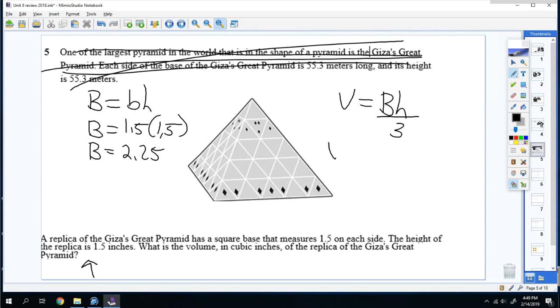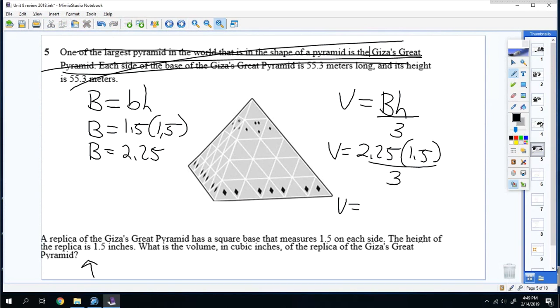And you plug that in. So big B is 2.25, and the height of the pyramid is 1.5 as well. And then you divide by 3. So 2.25 times 1.5 is 3.375. And you got to make sure that's not your answer. We're not done yet.